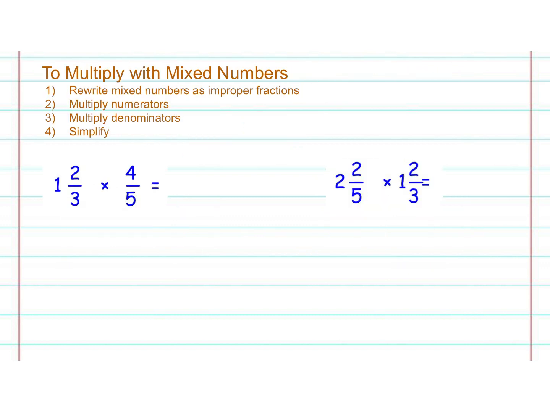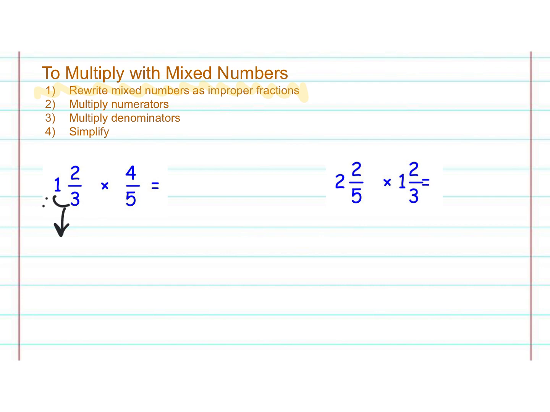And then when we multiply mixed numbers, the most important thing when we start is to rewrite mixed numbers as improper fractions first. Then we multiply numerators, multiply denominators, and simplify. So the first thing that I'm going to do with this first problem here, 1 2/3 times 4/5, is rewrite this as an improper fraction.